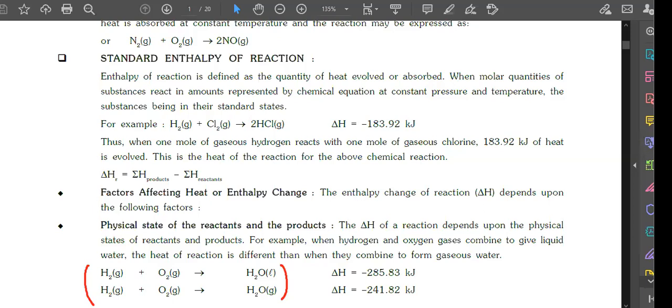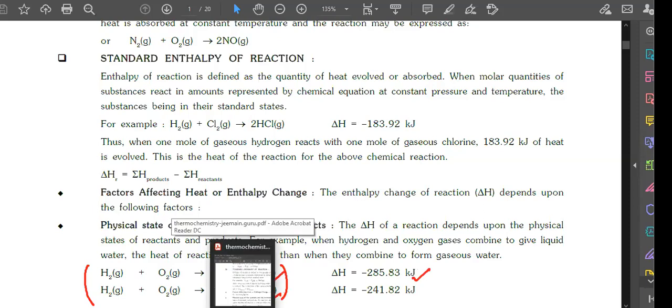They are not the same. This reaction and this reaction are not the same, because this first reaction is your standard enthalpy of formation of H2O.